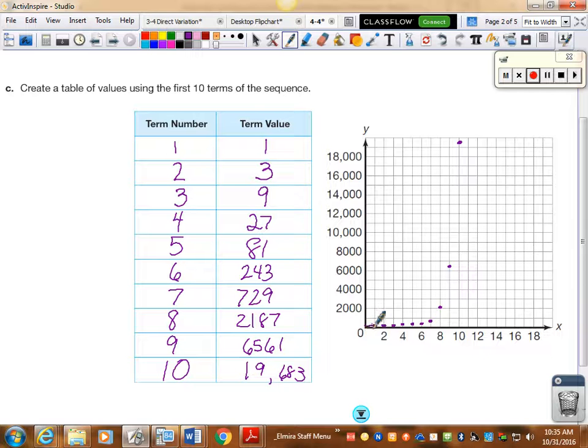Okay, and I'll take those. Okay. And not connect them. And think about why we would not connect those dots.